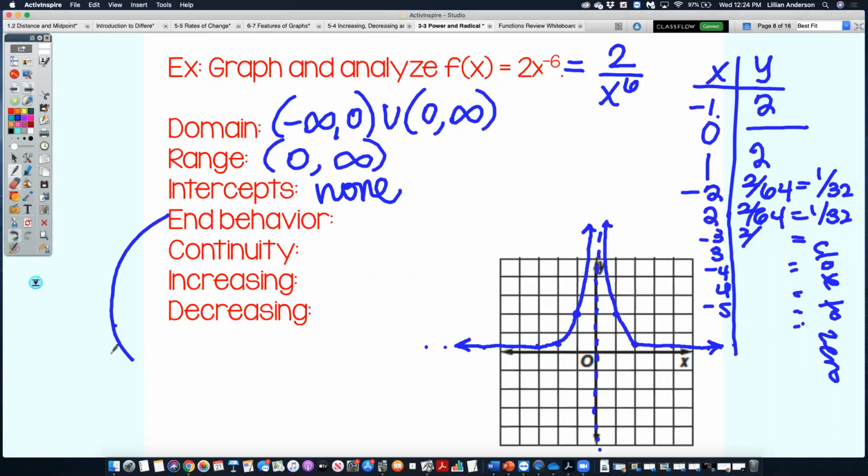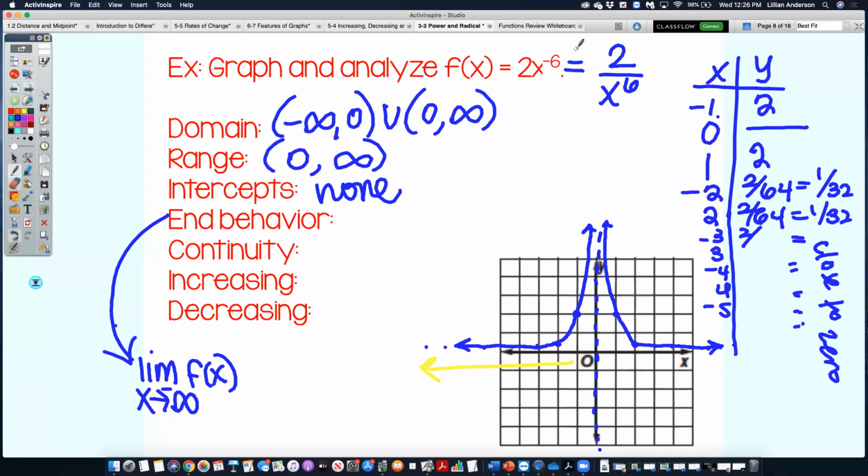My end behavior, though. The limit as x approaches -infinity. So as x is approaching -infinity, what's happening to your y's?